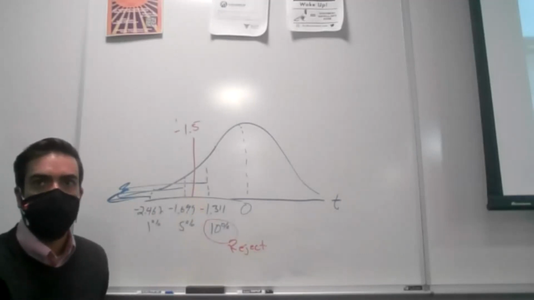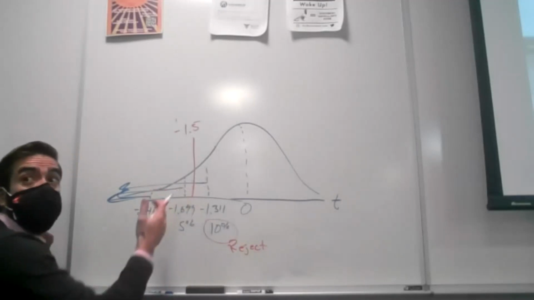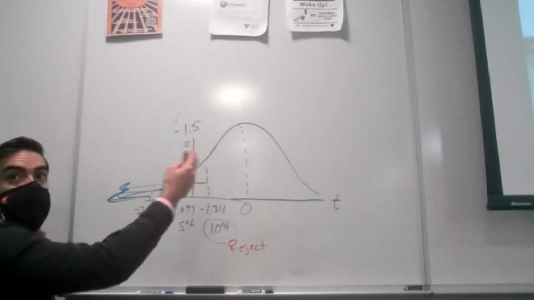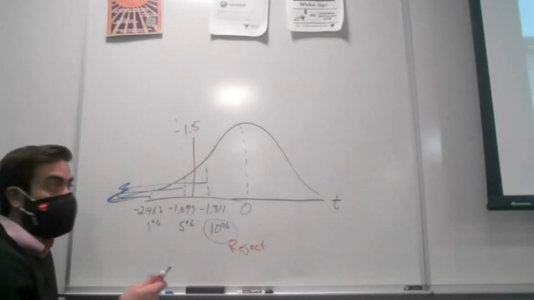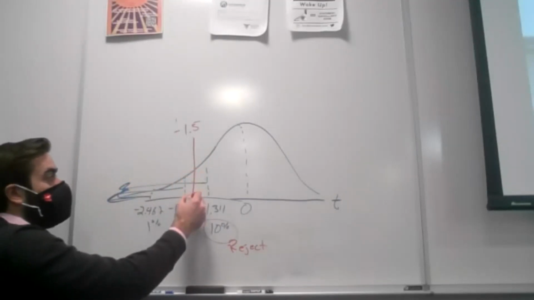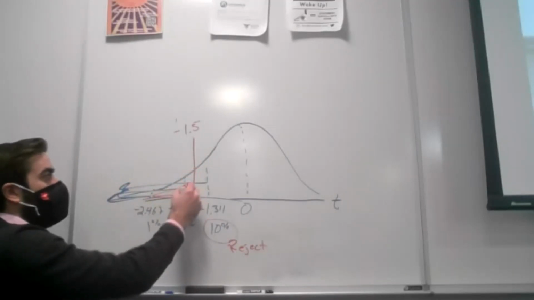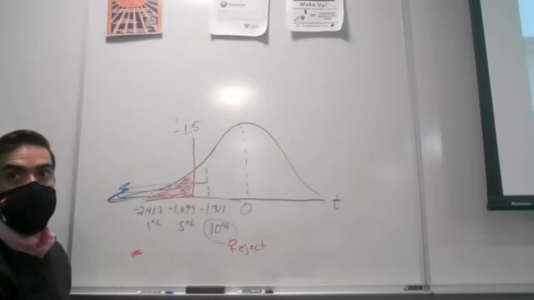Not the critical value approach, but the p-value approach. So what is my p-value? My p-value is the probability I saw the test statistic that I did, or sample evidence as far away from that assumed true mean as what I found, or anything further. So for this left-tailed test, it'd be the area to the left of this test statistic.